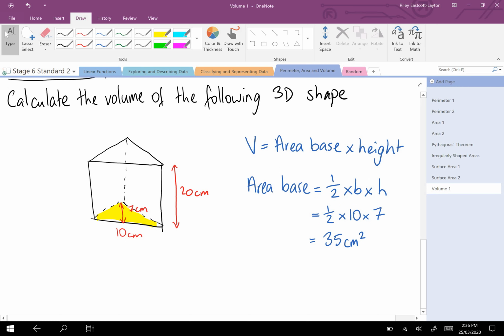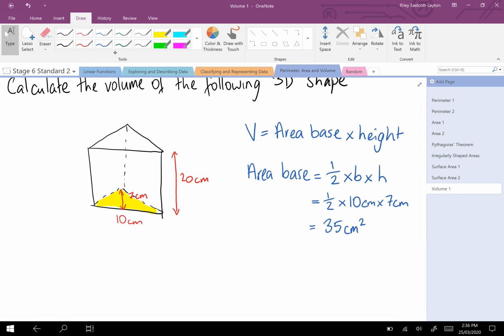Now, if you're wondering about where these squares and cubes come from, what we can actually say is that we've got 10 centimeters times by 7 centimeters here. So when we times centimeter and centimeter, we're going to get centimeters squared. And so this gives you a little bit of an insight as to how we get volume in cubed units, because our volume is the area of the base, which is 35 centimeters squared, times by the height, which is 20 centimeters.